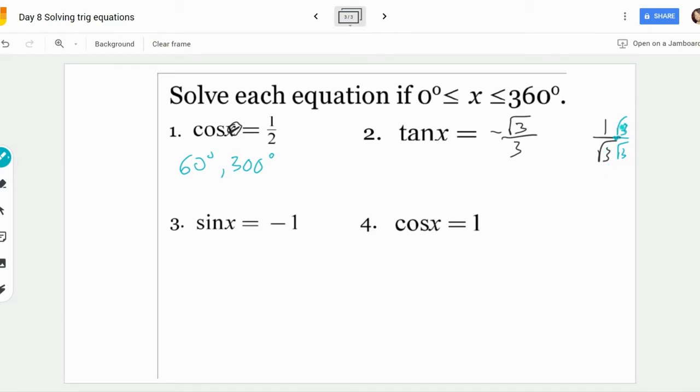So this turned into 1 times square root of 3 is square root of 3. And on the bottom you had square root of 9, which is 3. So let's just review. This is what you originally had.